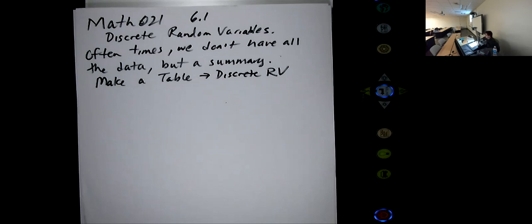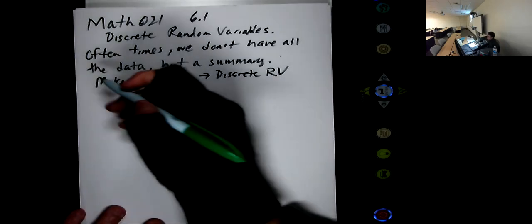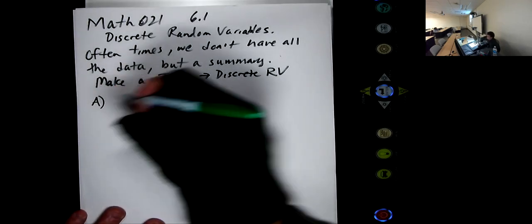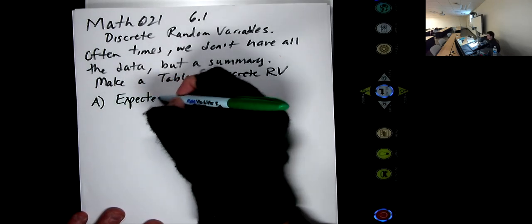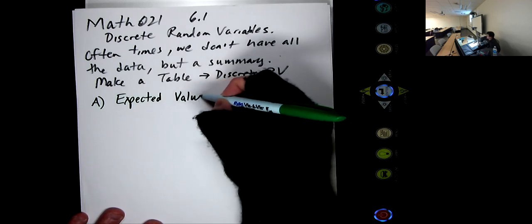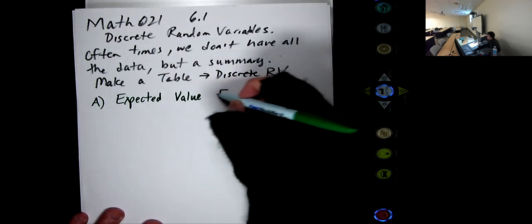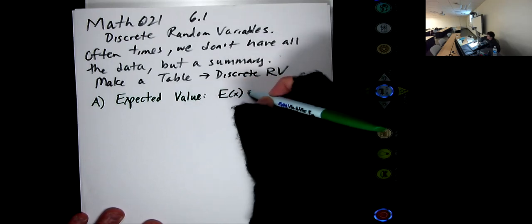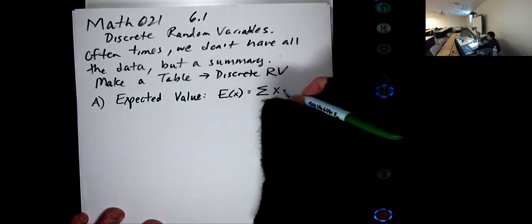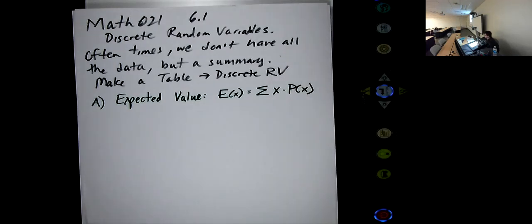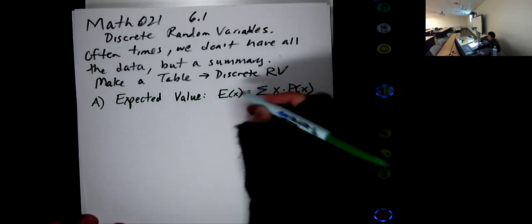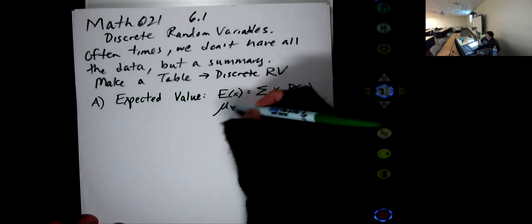The important StatCrunch things today and formulas you're going to need from this section. So the expected value, this is a formula that we're going to use, and you're going to need to know it. It's not in StatCrunch. It goes by E of X. It's the sum of X times P of X. E of X also goes by mu of X because it's the mean.